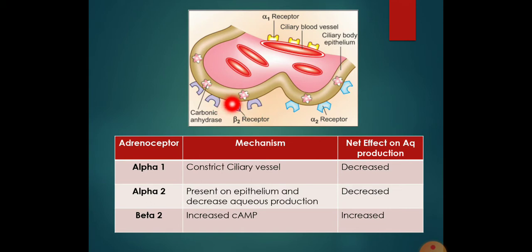This is the distribution of the beta 2 receptor, and this is the presence of the carbonic anhydrase enzyme, which is responsible for dissociation of sodium bicarbonate as well as H2CO3, a weak acid which is converted to H+ and HCO3- by this enzyme.